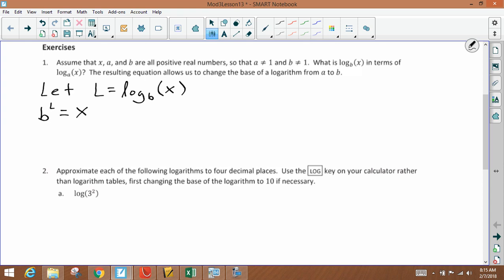Okay, if that's true, then it must be the case that log base a of x is equal to log base a of b to the L. So all I did was substitute b to the L for x in this equation. I just did a substitution.